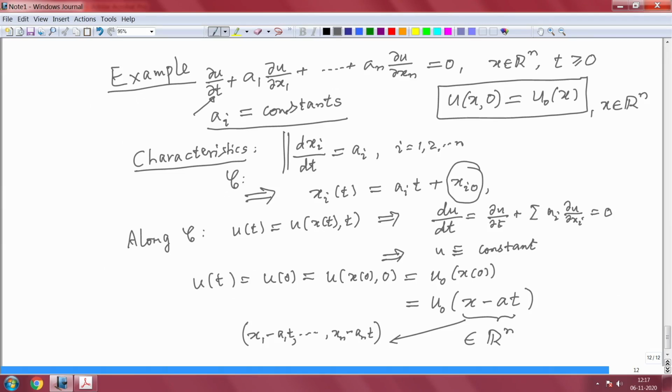So, for example, here what is the surface? The surface is just t equal to 0, that is the n dimensional space R n. So, here we are in n plus 1 dimensions. So, we are prescribing the initial condition on an n dimensional subspace. So, this is also an example of a hypersurface.